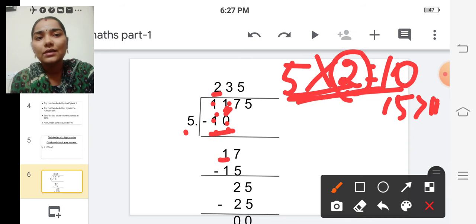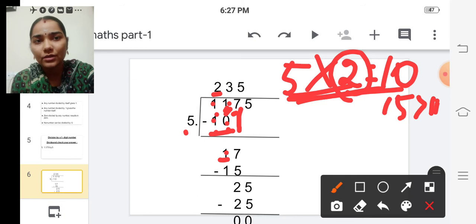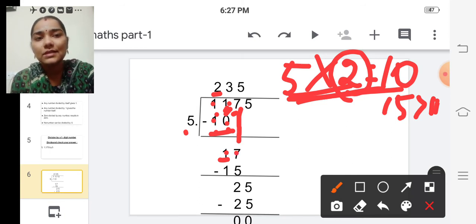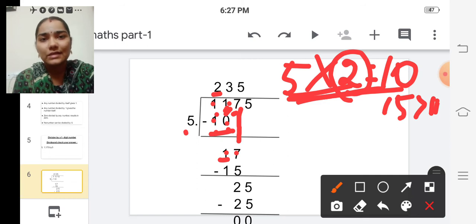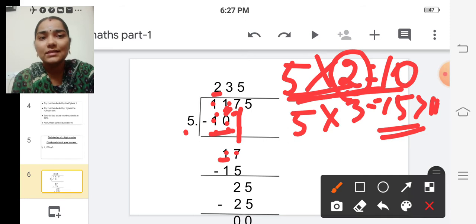So here we are getting 1, and we have to bring down the 7 tens of the dividend. So here we are going to put 7. So this becomes 17, isn't it? 5 threes are 15, which is less than 17, isn't it?